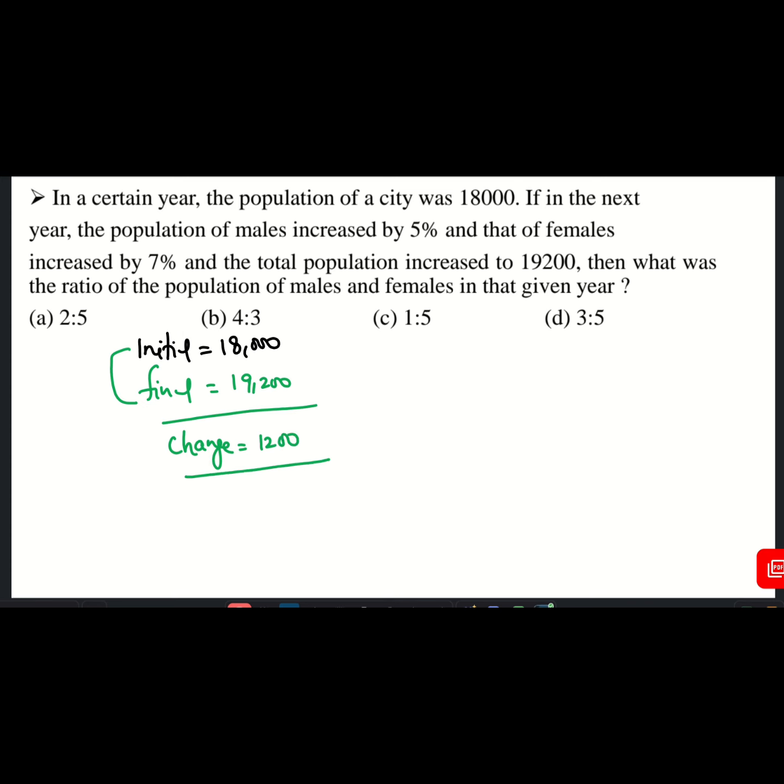The percentage change in the population is difference by initial into 100. So difference is 1200, initial value is 18,000, into 100. The zeros cancel, and that will be equal to 20 by 3. Overall percentage change is 20 by 3.